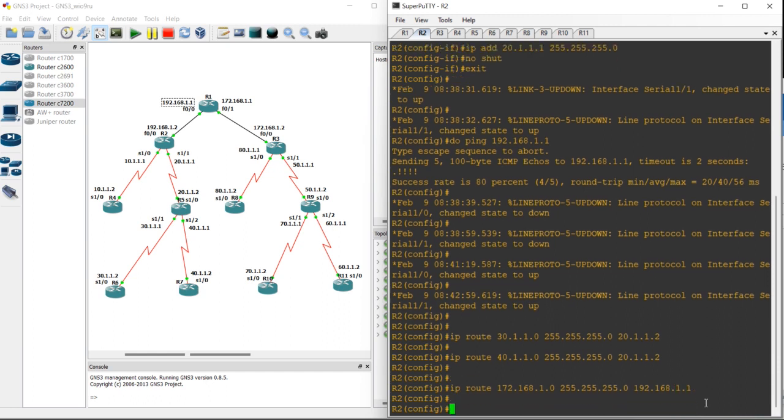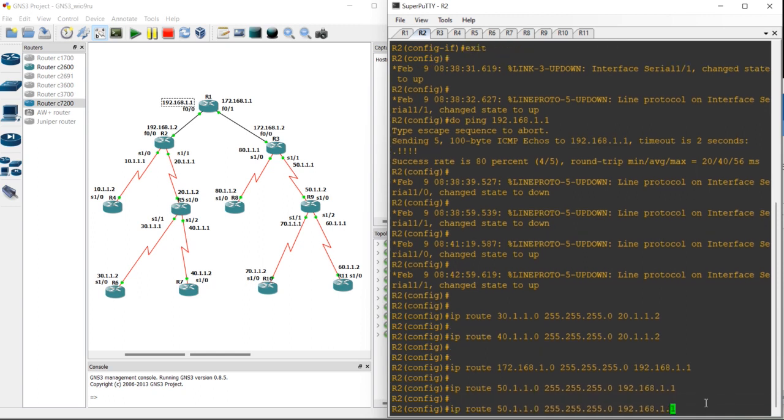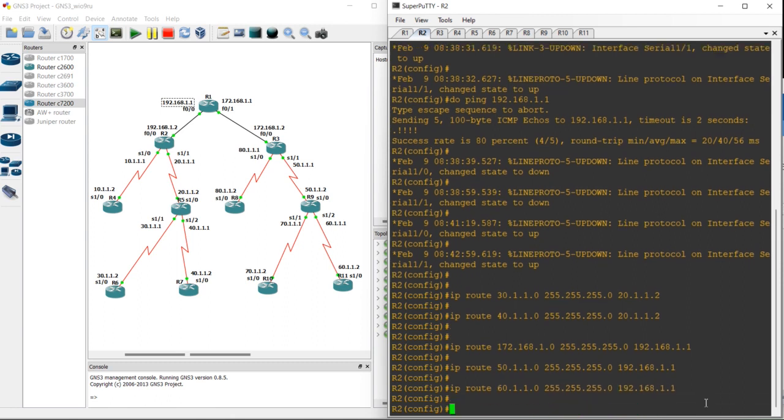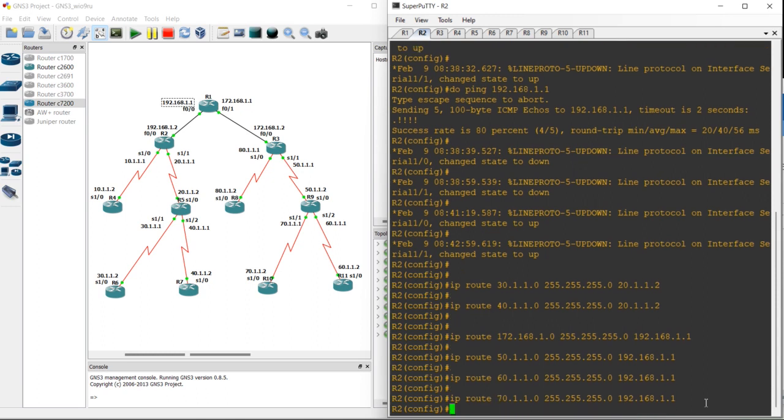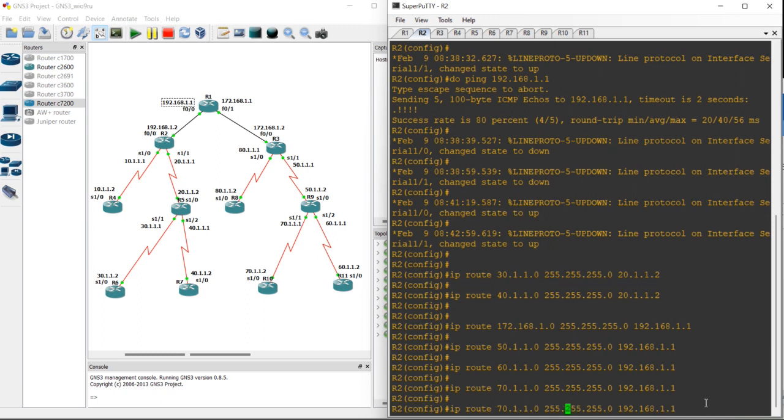After that for the 50s network, the exit IP is the same, 192.168.1.1, and the network changes to 50.1.1.0. For the 60s network, for the 70 network and for the 80s network, the exit IPs are the same.